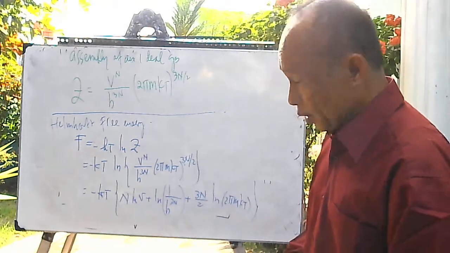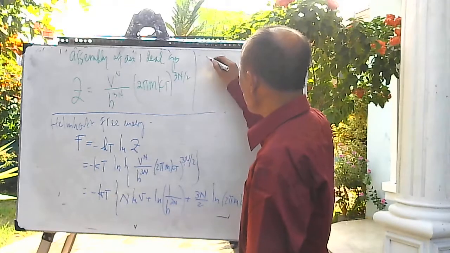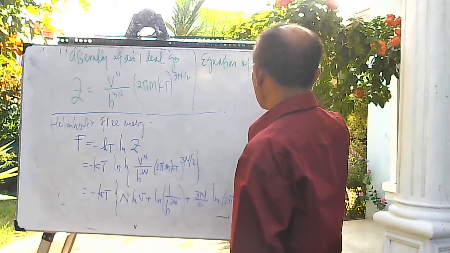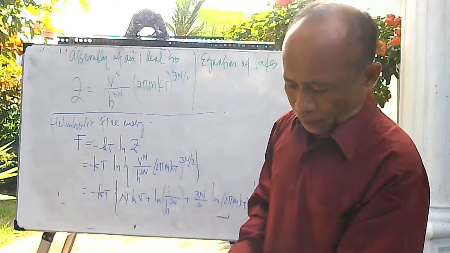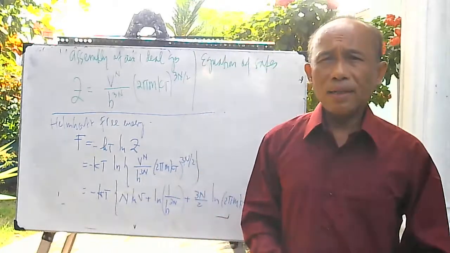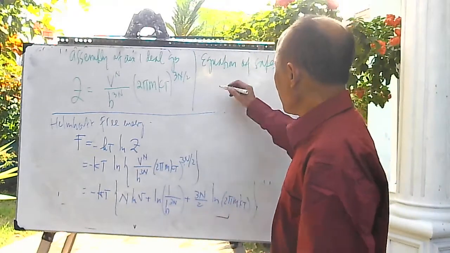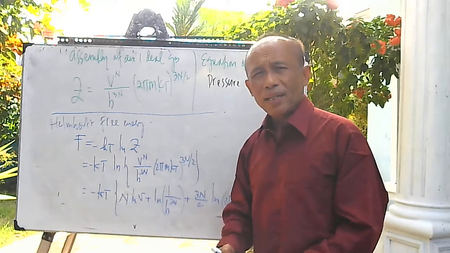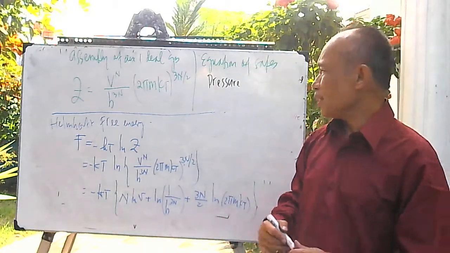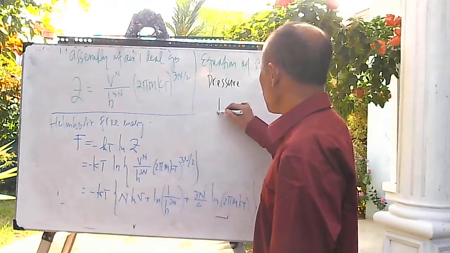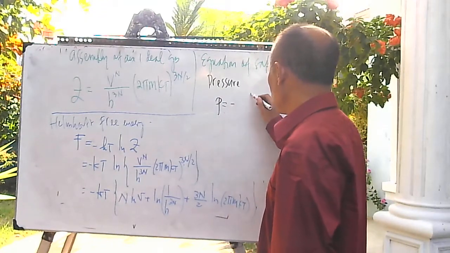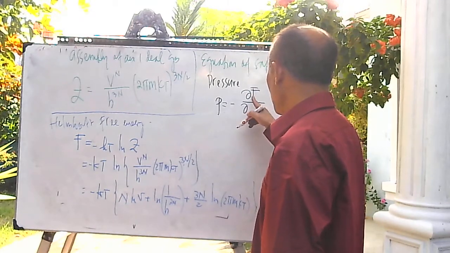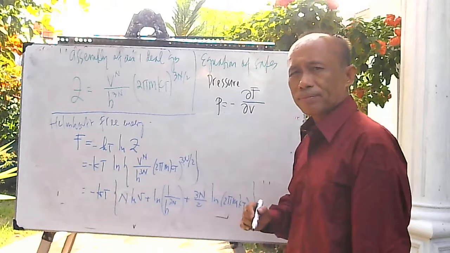Now the important parameter is the equation of state. We have also discussed in a previous lecture that the pressure can be derived from the Helmholtz free energy based on the equation P equals minus the partial derivative of the Helmholtz energy against volume.